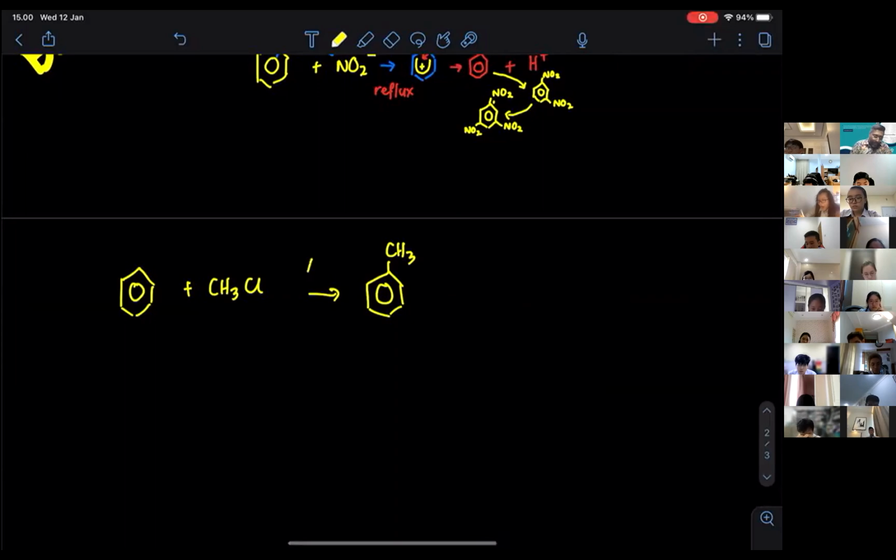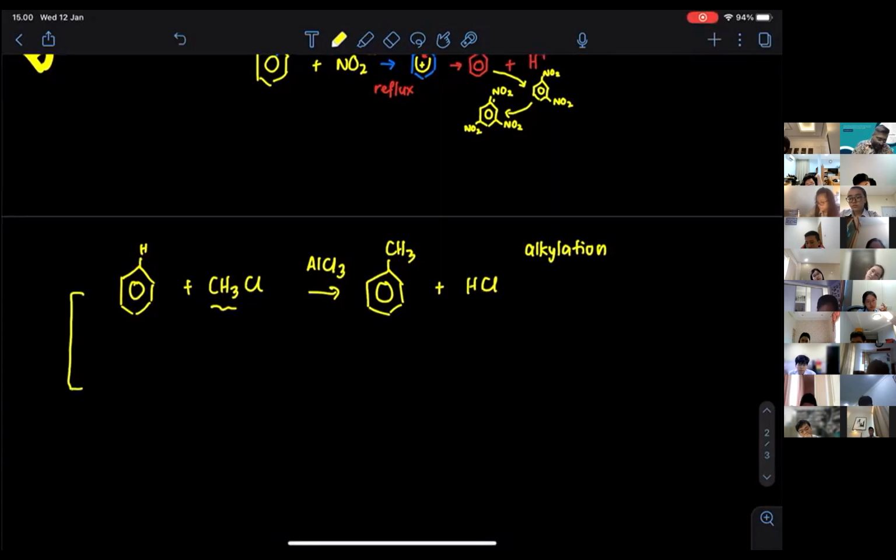Make sure you have the catalyst AlCl3, and that's it. The CH3 will go there, and the remaining H will combine with the Cl to give you HCl. As simple as that. Both alkylation and acylation are known as the Friedel-Crafts reaction.